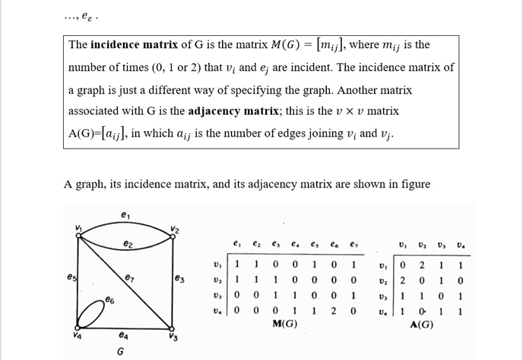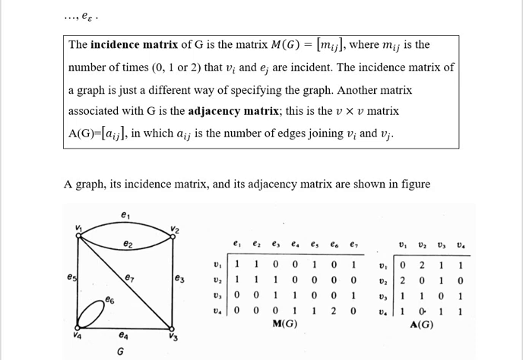If you observe the incidence matrix, you can see 1 is denoted corresponding to V1 and E1 because V1 and E1 are incident. That's why 1 is written there.